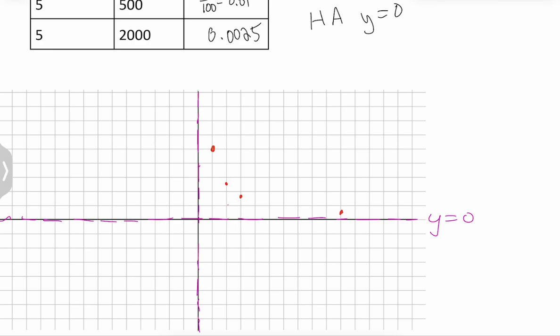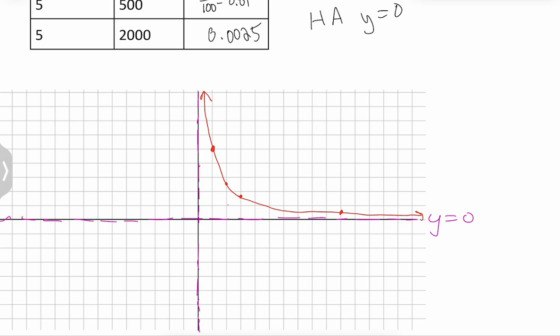As we approach 0 on the right side, we are getting closer and closer to infinity, and our height is getting closer and closer to infinity. As we plug in larger and larger numbers, we're getting closer and closer to a value of 0.